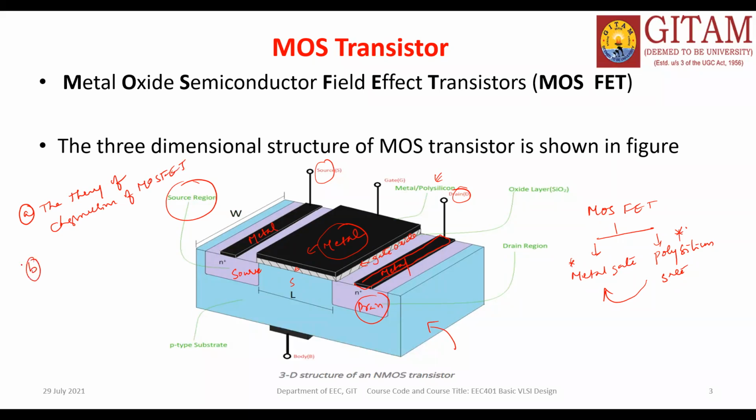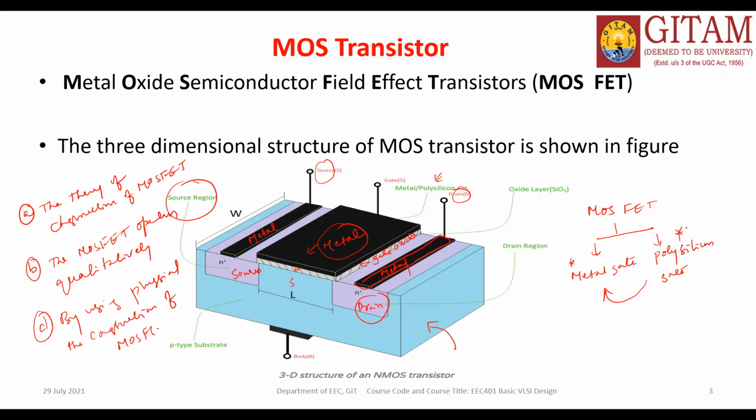Today we are going to look at the MOSFET operation, qualitatively, which is very important. The third one is using physical layers, where the construction of the MOSFET can be seen.